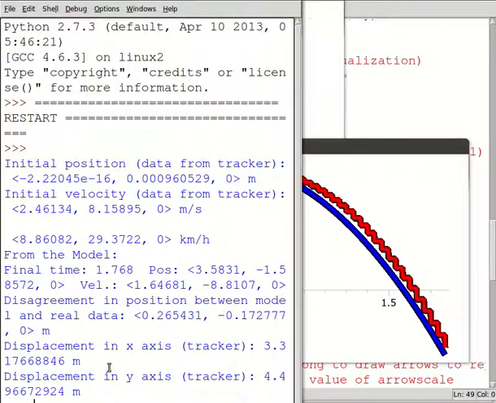And it's interesting to see that we had a displacement of more than 3 meters in the x-axis and more than 4 meters in the y-axis, and a disagreement in position at the final time of 26 centimeters in the x-axis and 17 centimeters in the y-axis.